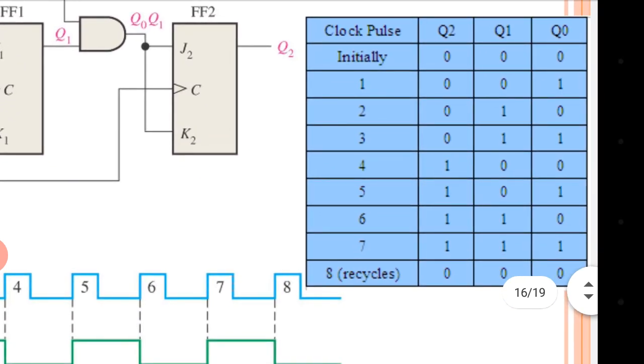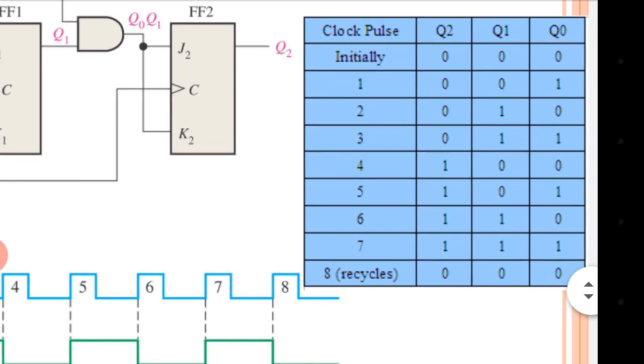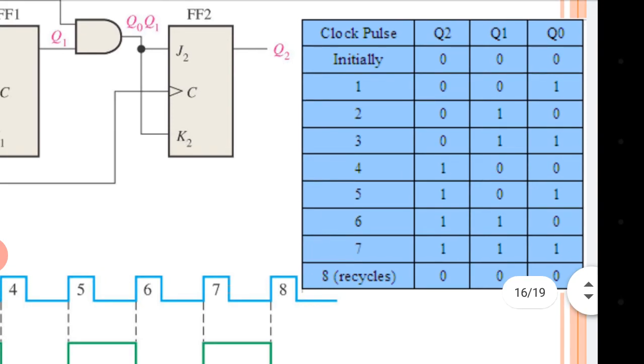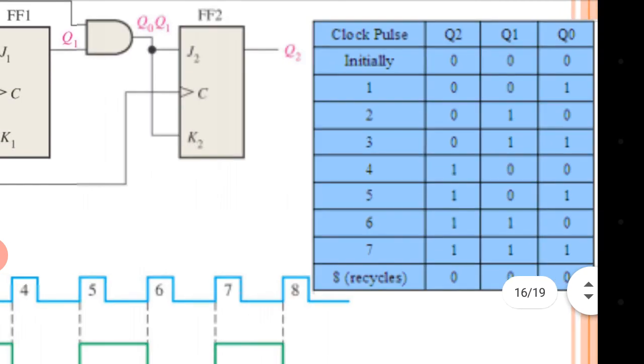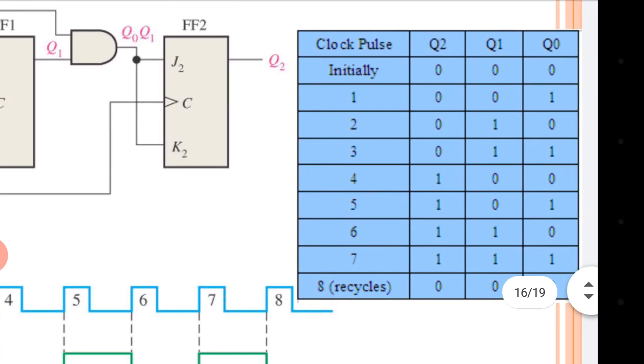Observe here, whenever Q0 is 1, observe the column of Q0. First time it is 1 for the first clock pulse. At that time, whenever Q0 is 1, at the next clock pulse Q1 will toggle. Initially it was 0 0, now again 2 times 1 1. Now observe again, whenever Q0 is 1, at the next rising edge Q1 will toggle and so on. That's why Q0 is connected to J1.